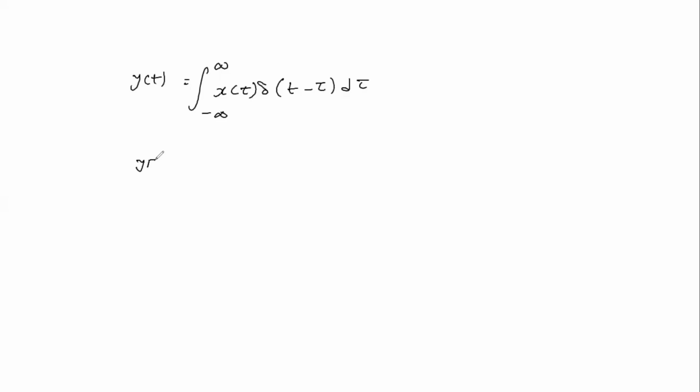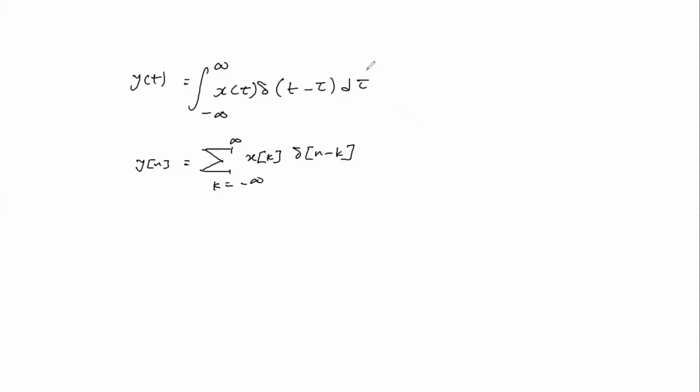While in the discrete time domain, we now have the sigma, k taking on values from negative infinity to positive infinity, s of k delta of n minus k.